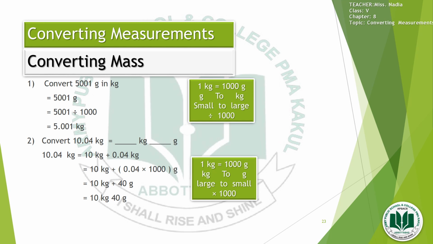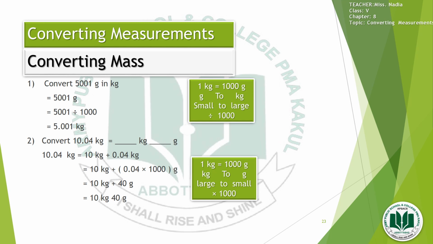And in example 2, we have to convert 10.04 kilogram into kilogram and gram. We can write 10.04 kilogram as 10 kilogram plus 0.04 kilogram. That is, first separate the whole part and decimal part with an addition sign.